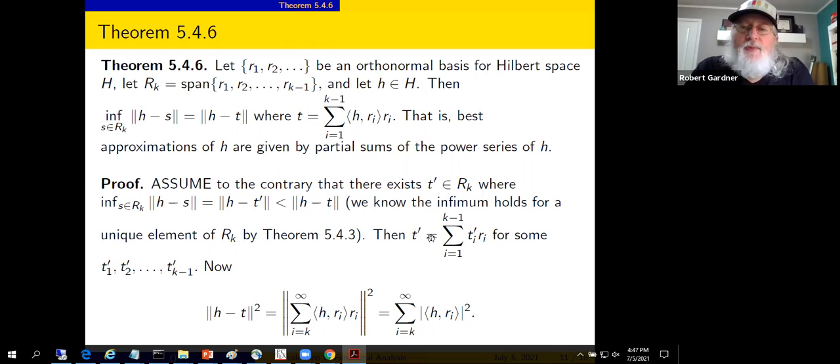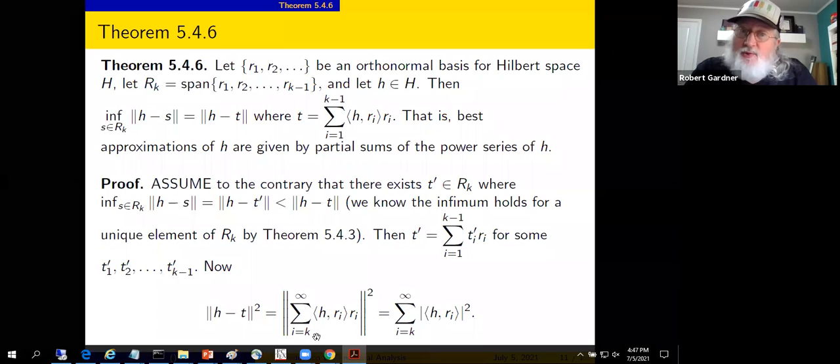Well, t prime being in the span of R1 through R sub k minus 1 must be some linear combination of R1 through R sub k minus 1. Now, h minus t, norm squared of, okay, h, we know, can be represented as an infinite series of this sort, starting at I equals 1.